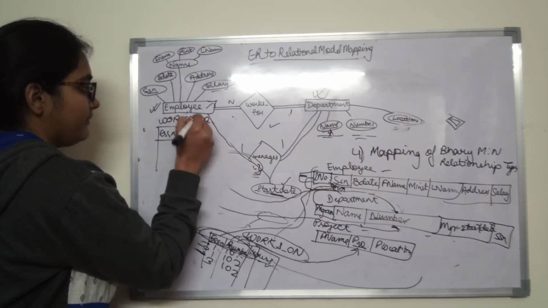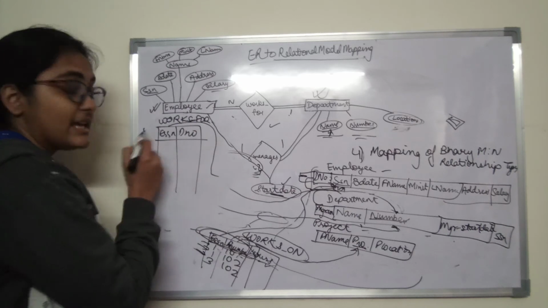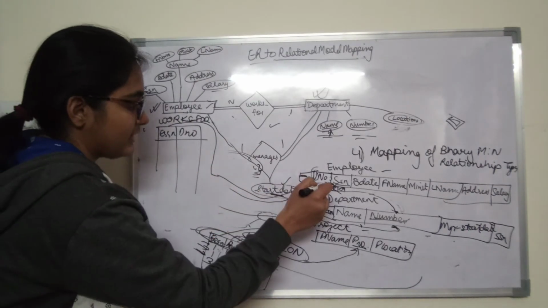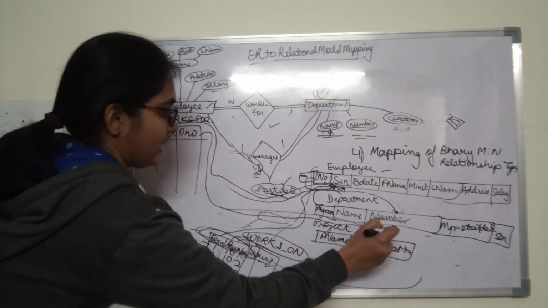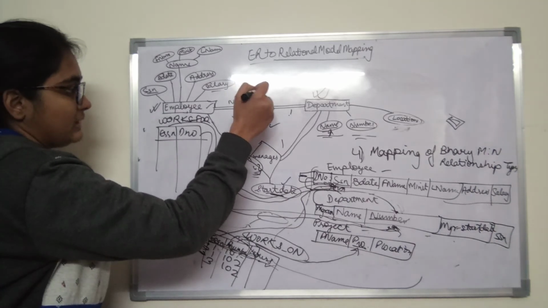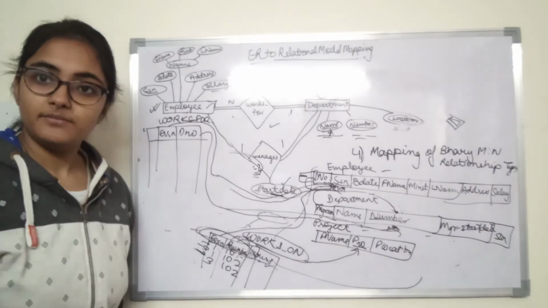These will be included as foreign keys here, referencing the primary keys. So ESSN will refer here, D number will refer here. And in case there is any attribute, that will be included here as well.